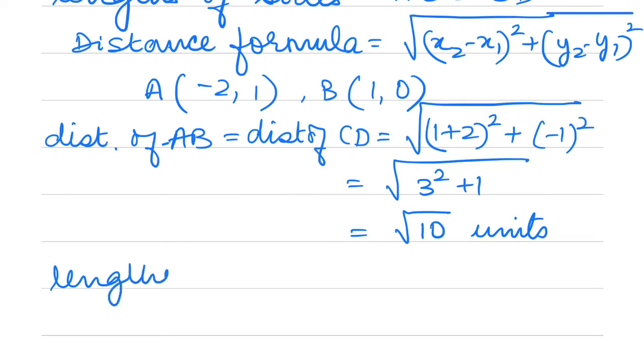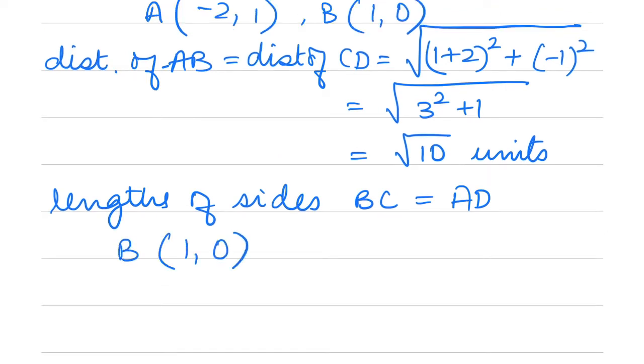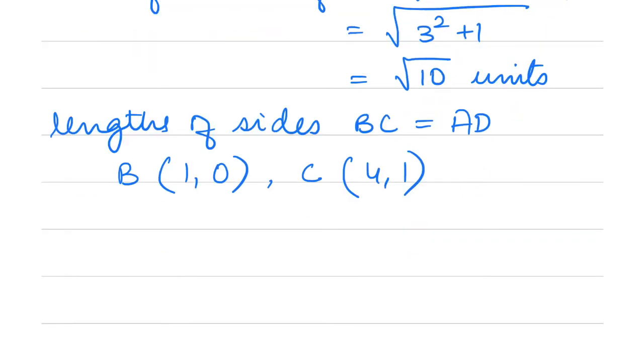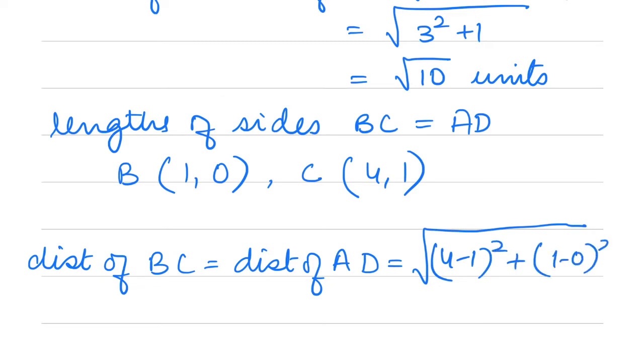Now lengths of sides BC is equal to AD or DA. Now let me take the coordinates for B, which is 1 and 0, and for C 4 and 1. Let's find out distance of BC is equal to distance of AD is equal to square root of (4 minus 1) whole square plus (1 minus 0) whole square.